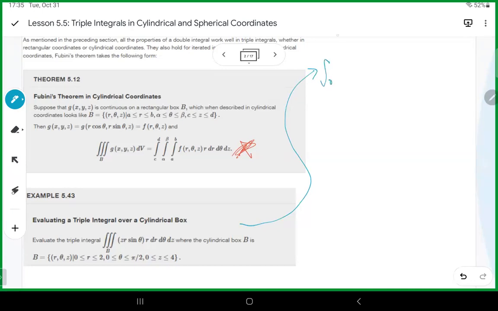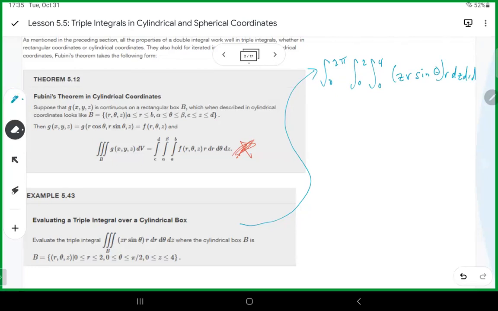So we're going to go from 0 to 2 pi, and then from 0 to 2, and then from 0 to 4. It's going to be ZR sine theta R dz dr d theta.